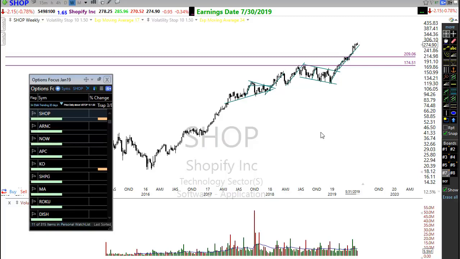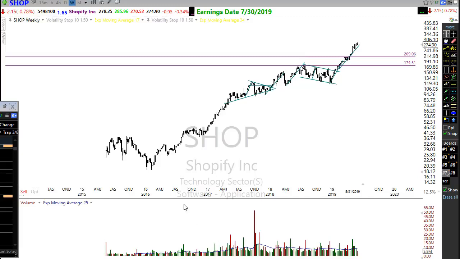I'm not looking for entries or exits so much. I'm looking for the big resistance levels, the big patterns where I can maybe set up bear call credit spreads. I'm looking for stocks that have reversed and might be coming back, breaking downtrends, holding support levels where I can put in credit spreads here.